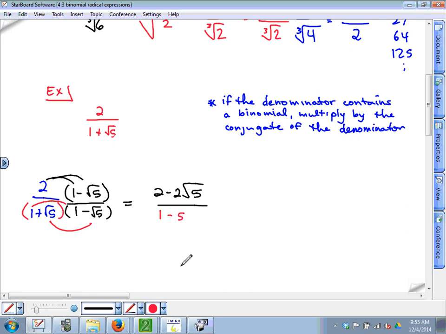So all you get is 1 minus 5 in the denominator. So now we have 2 minus 2 root 5 all over negative 4. Now your Math Excel online homework's pretty dang picky. Would you agree? Yeah. It would not accept this. What are we missing?